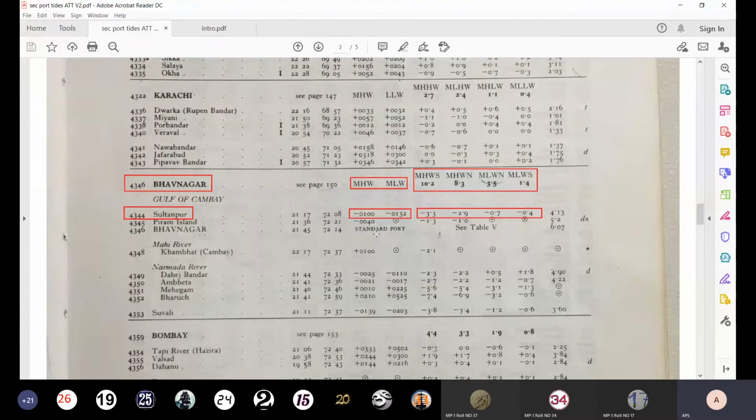We are not using range curves. So whatever is given in the red box, you just write it on one side: standard port name number, secondary port name number, and the data.